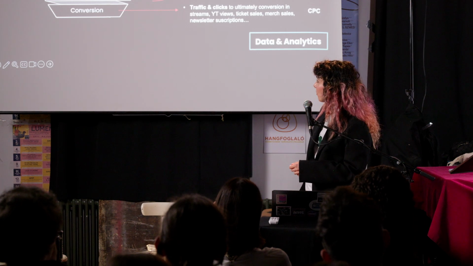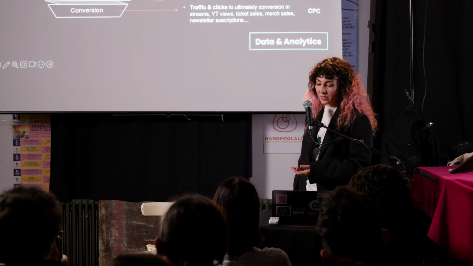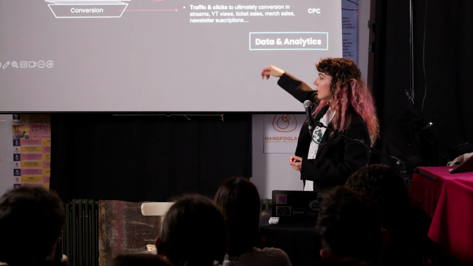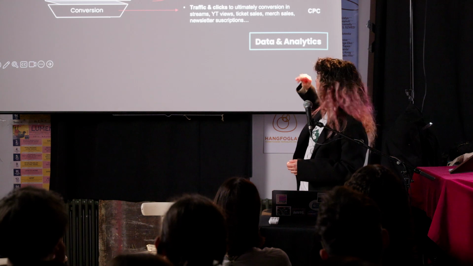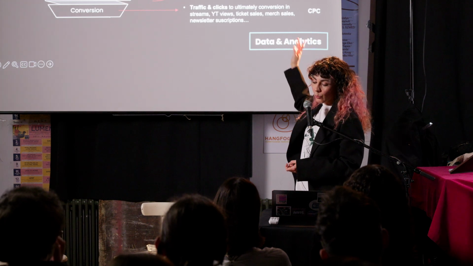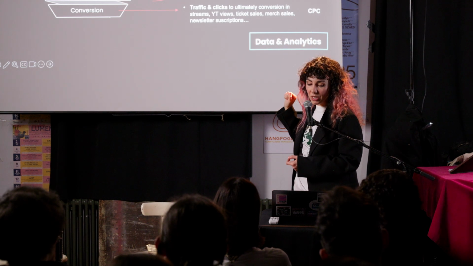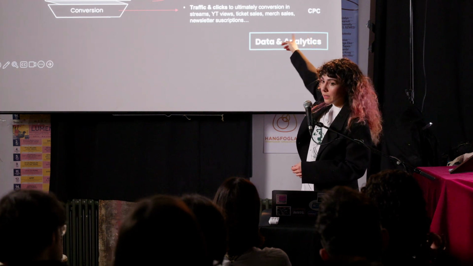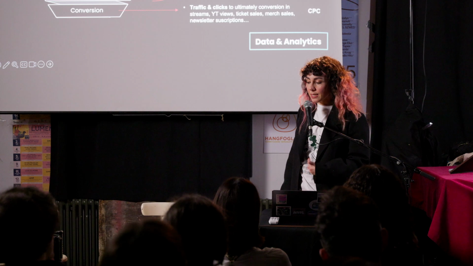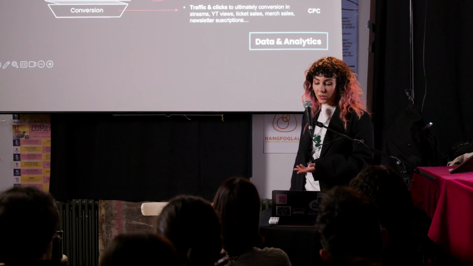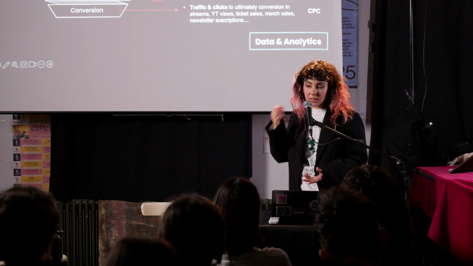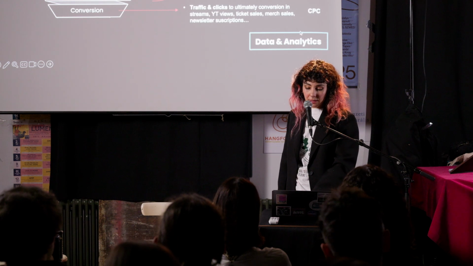So, for example, if you are running campaigns to get reach or impressions, another metric you have to look at is the CPM, which means cost per million impressions. Or for example, CPV, which is cost per view. So this is another metric you have to look at when you run campaigns to see if your marketing activations are performing well.